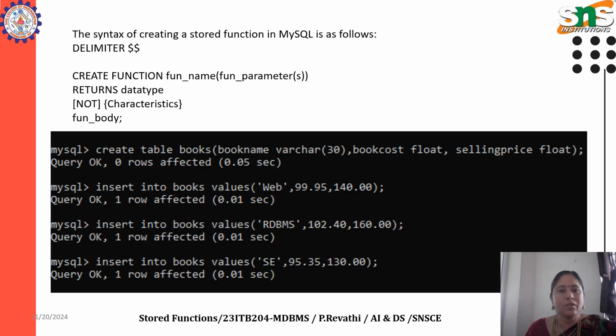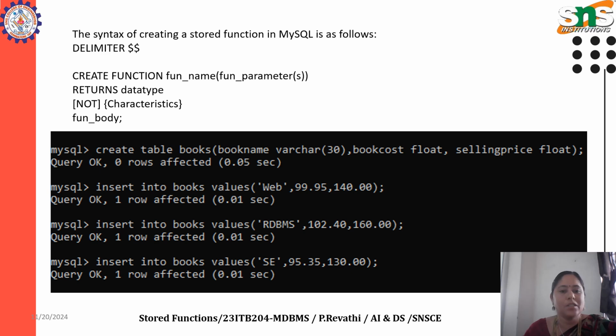The syntax of creating a stored function in MySQL is as follows. Delimiter, create function, function name, function parameter, return data type, characteristics, function body. Function name: it is the name of the stored function that we want to create in a database.